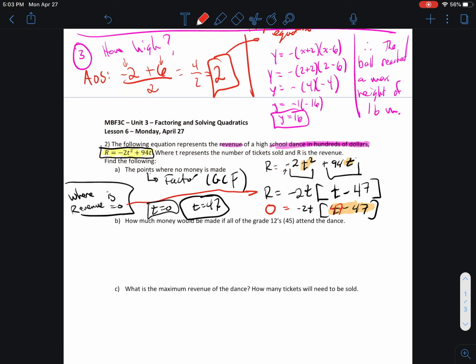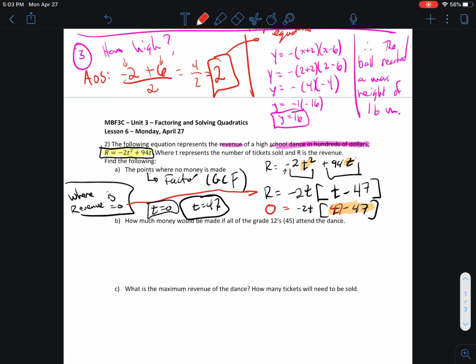So if I plug in 47 in particular here, and I know that it's 47 because of this right here, 47 minus 47 is 0. 0 multiplied by 94, because I would plug in 47 here, would also be 0. So that works.